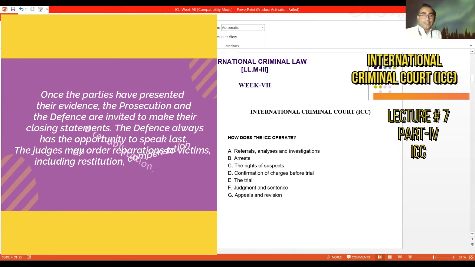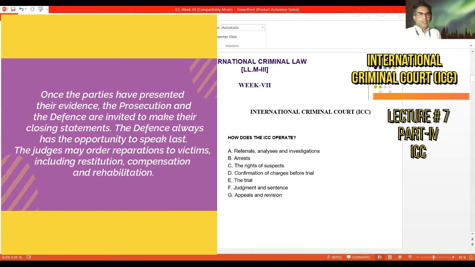When the sentence is pronounced by the court, after hearing the victims and the witnesses called to testify by the prosecution and the defense and considering the evidence, the judge decides whether the accused person is guilty or not guilty. The sentence is pronounced in public, and wherever possible in the presence of the accused and the victims or their legal representatives, if they have taken part in the proceedings.